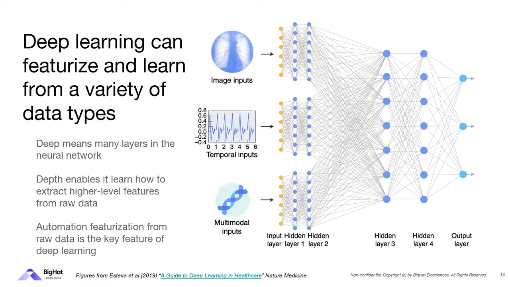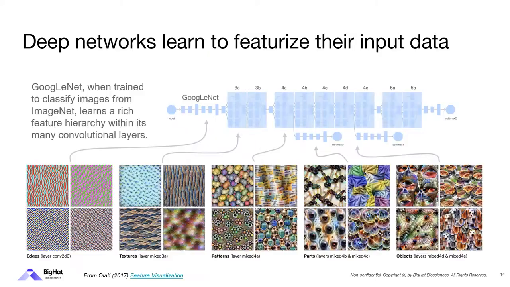And because it's very deep, it can really learn how to take the very raw inputs and turn them into representations in a higher order that separates the two groups that you might be learning. And this allows you to make quite complicated predictions pretty effectively. And when we say deep networks learn to construct the features of their input data, what we're really saying is, if you think back to that two-dimensional version of the iris, here we just have many dimensions.